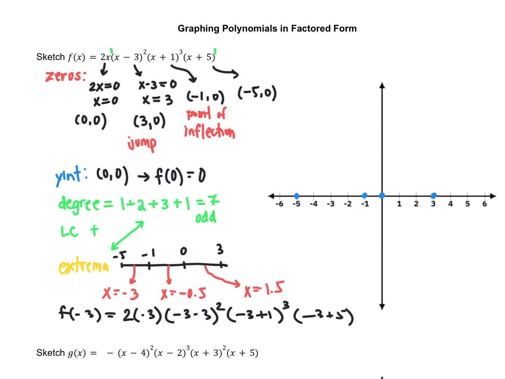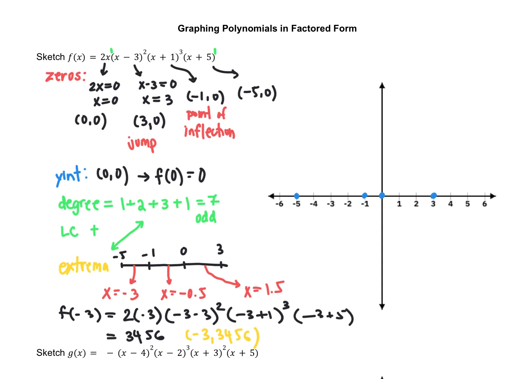And this I would just punch into my calculator all in one go, and I get 3,456. So there's one of our coordinates, -3, 3,456.